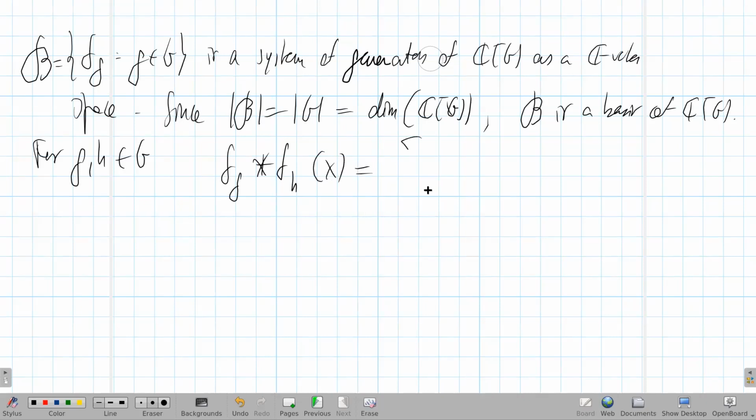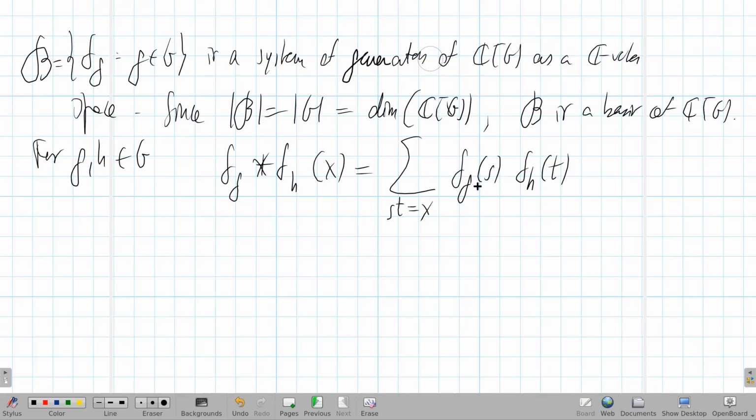Well, this will be the sum over all s, t that give you x, of delta g of s and delta h of t, okay? But remember, these deltas are Kronecker deltas, so they are always 0, and so you have a sum of products.